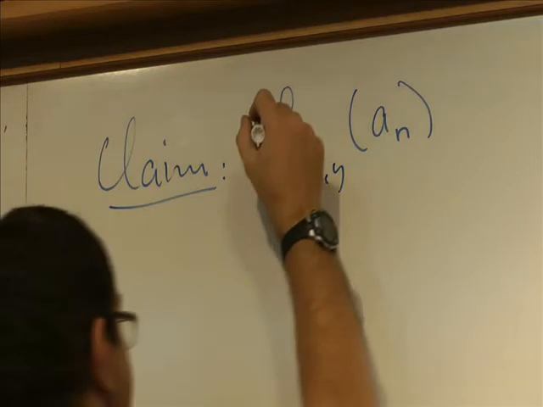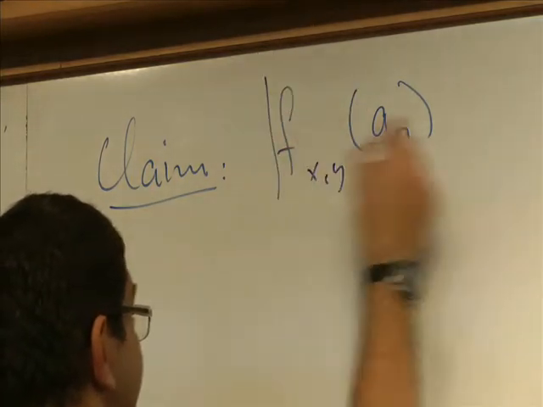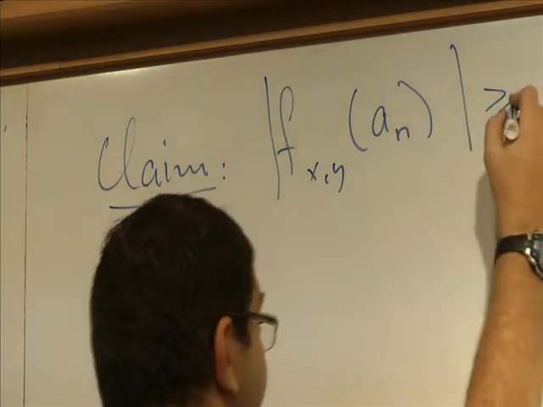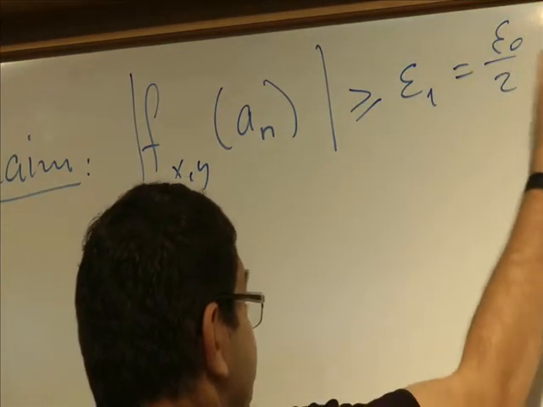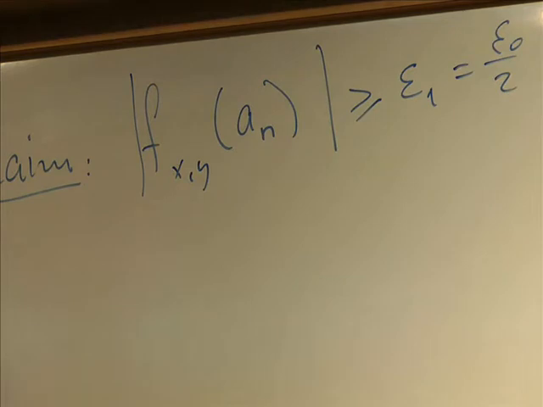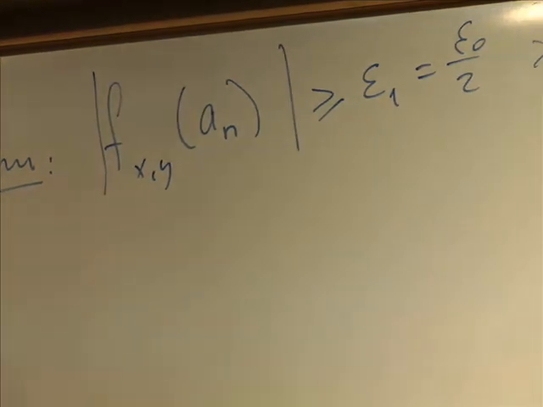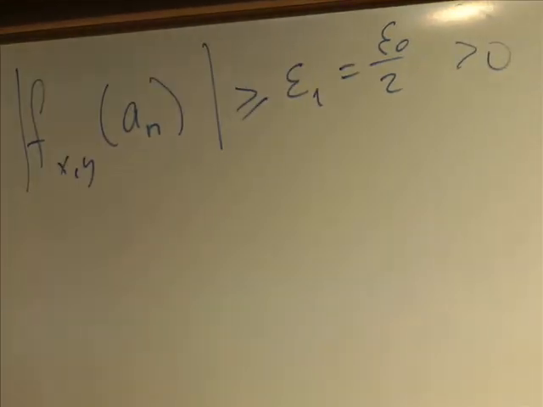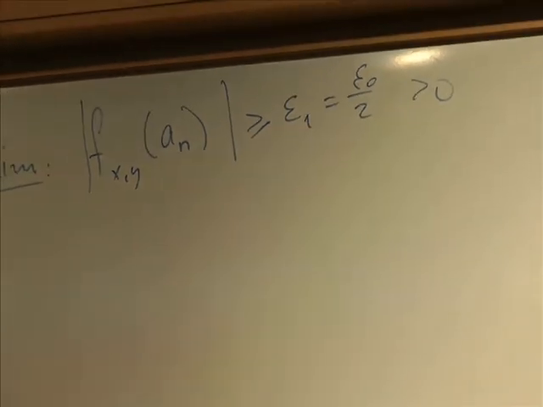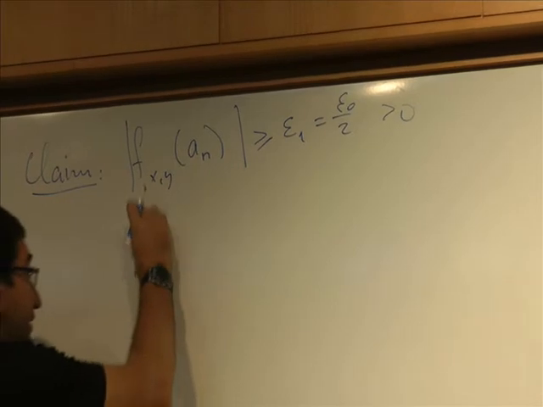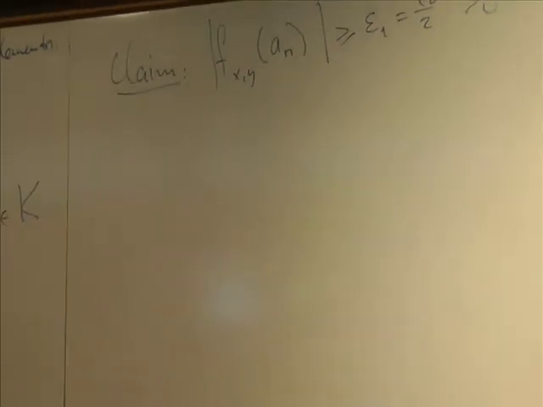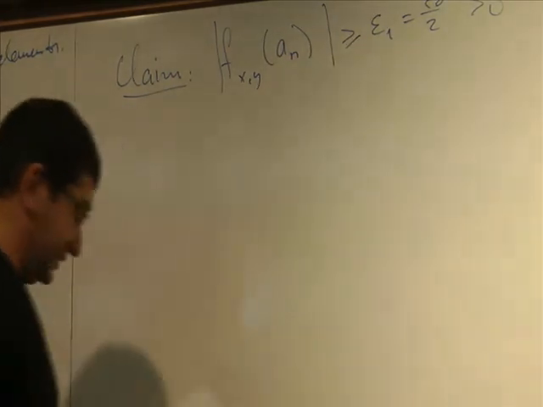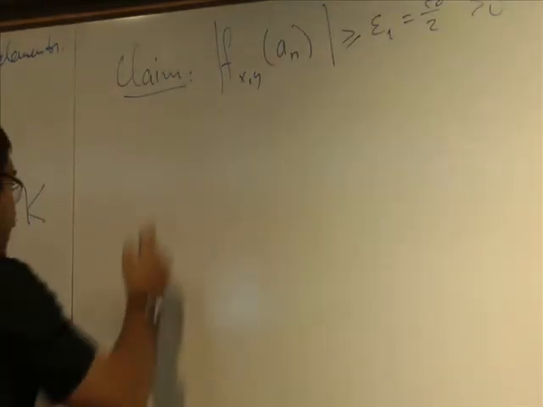I claim that this is asymptotically going to be greater or equal than epsilon 1, which is epsilon 0, which is still positive. So I started from a pair of vectors and some sequence which was not mixing. I get another pair of vectors and another sequence, this time along the diagonal subgroup, which is not mixing in a slightly weaker form. Why is that?